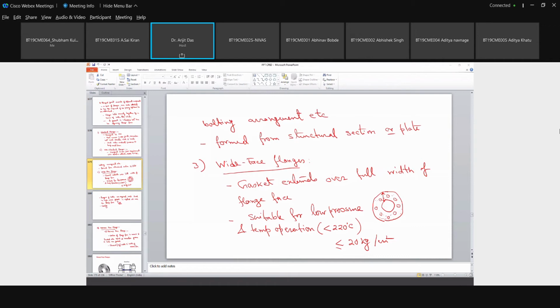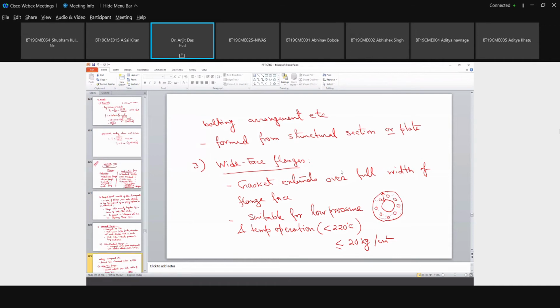Such that you want to attach the detachable heads with the pressure vessel shell. In that case also we can use the bolted flange system. And depending on the purpose, the flange may be categorized in different ways.